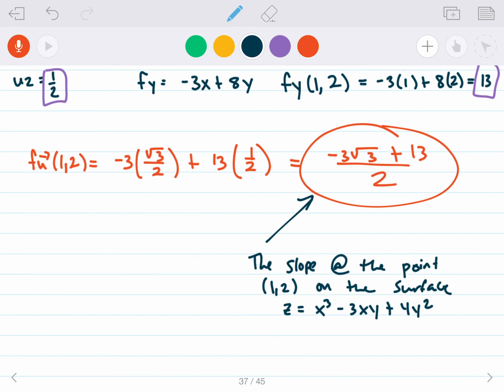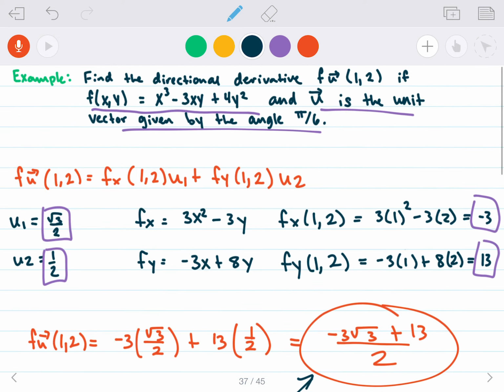So we found this. This is the slope. That's what this is. This is the slope at the point on the surface in the direction. Remember, we have to give these slopes a specific direction. So, in this direction.